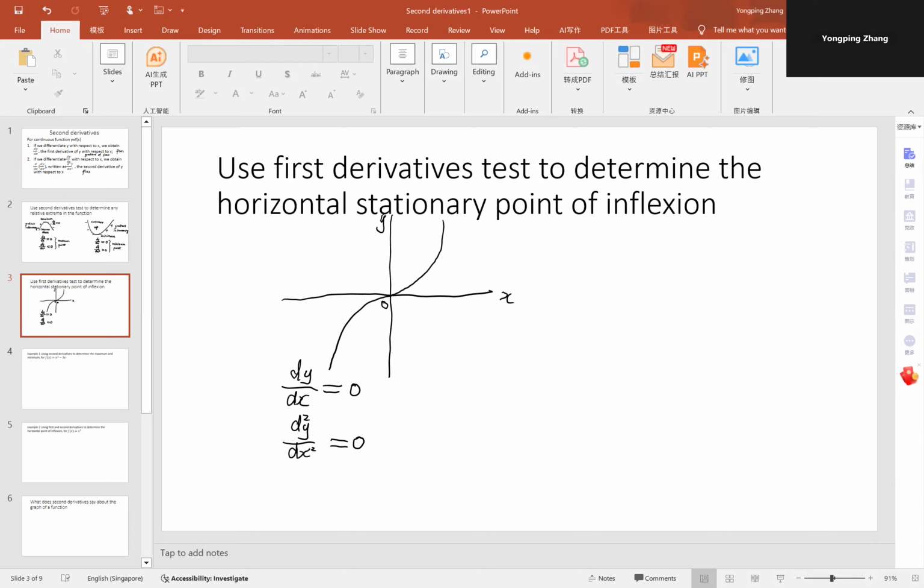In this part, the gradient is positive. This part gradient is also positive. In this part it is concave down. This part is concave up.